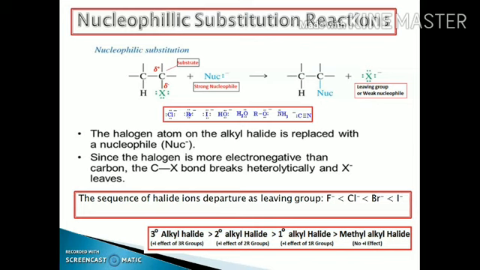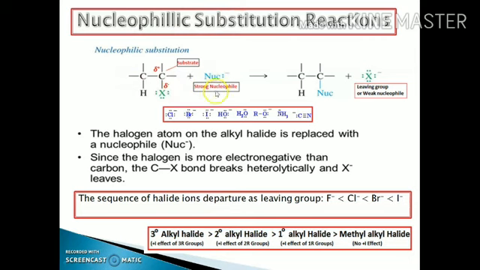In the nucleophilic substitution reactions, the halide ion can be displaced by a strong nucleophile, which may be a negatively charged or a neutral species with a lone pair of electrons.